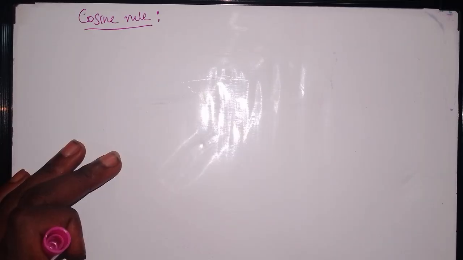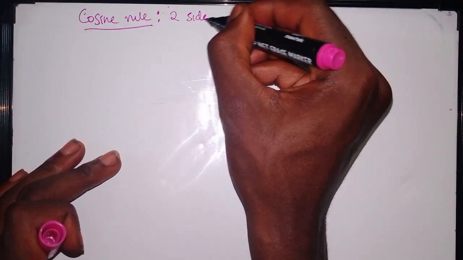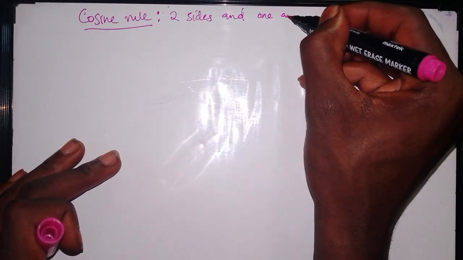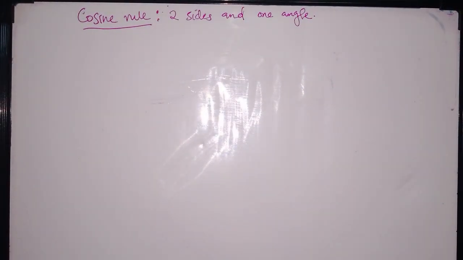So when can you use the cosine rule? Whenever you have two sides and one angle, remember what you need to use is the cosine rule.